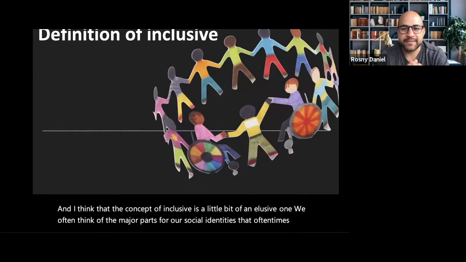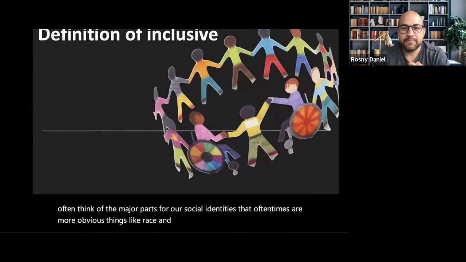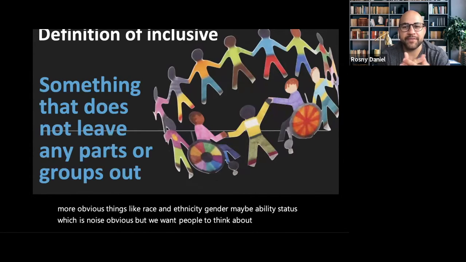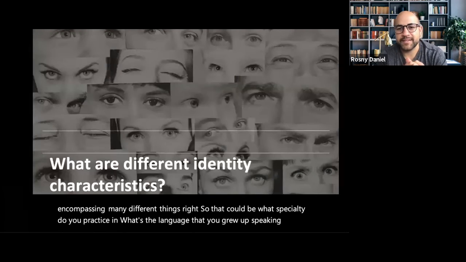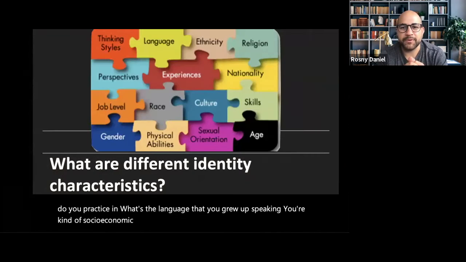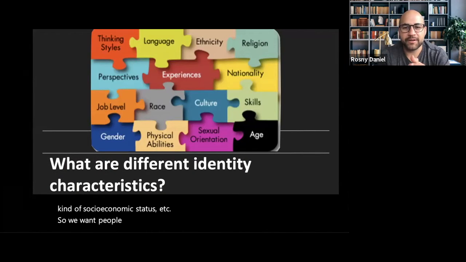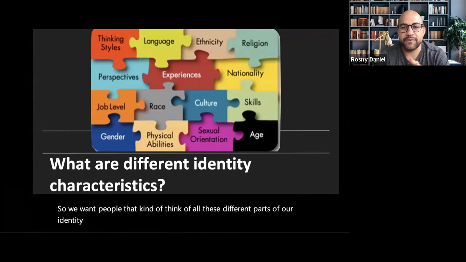Things like race and ethnicity, gender, maybe ability status, which isn't always obvious, but we want people to think about inclusive as encompassing many different things, right? So that could be, what specialty do you practice in? What's the language that you grew up speaking? Your kind of socioeconomic status, et cetera. So we want people to think of all these different parts of our identity characteristics so that we're thinking of being inclusive of all those things.